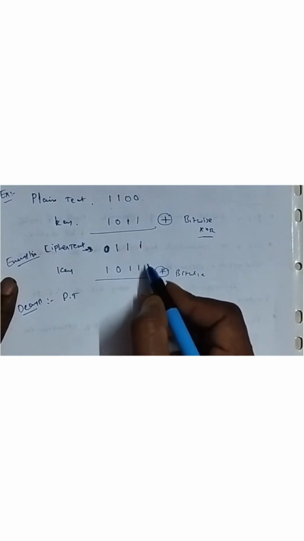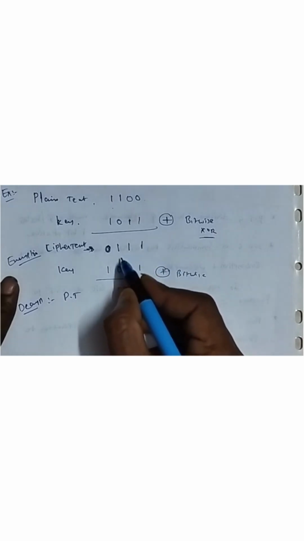Both different, we get 1; otherwise we get 0. 1 and 1 same, so 0. 1 and 1 same, so 0. 0 and 1 different, so 1. 1 and 0 different, so 1. So the plain text is 1100, and the original plain text is 1100. Both plain texts are the same.